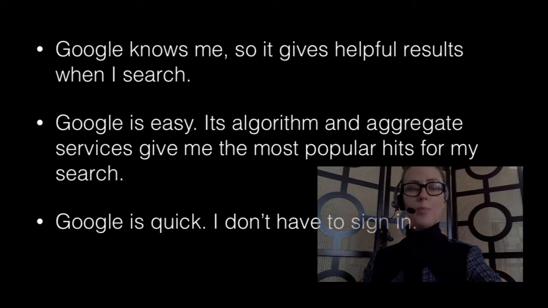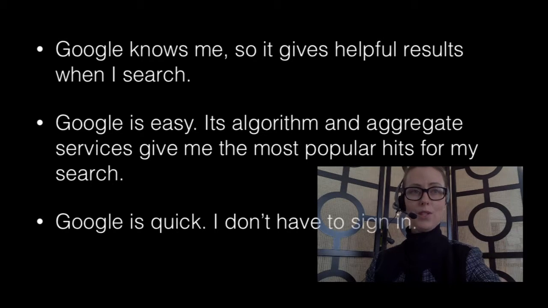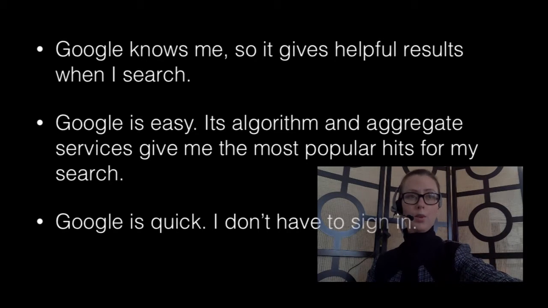This can actually be a pretty good place to begin research, but it isn't sufficient for more in-depth research. Google is quick. I don't have to sign in. This is definitely convenient. But, as the saying goes, you get what you pay for. And Queens College pays for access to the scholarly databases. As a student, you get that access too, but you have to sign in since it is not open to everyone.